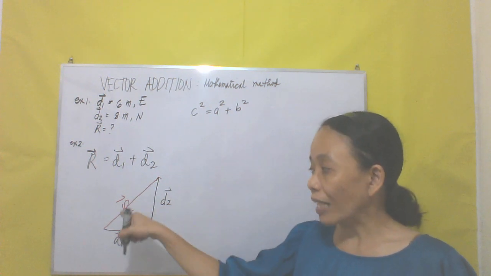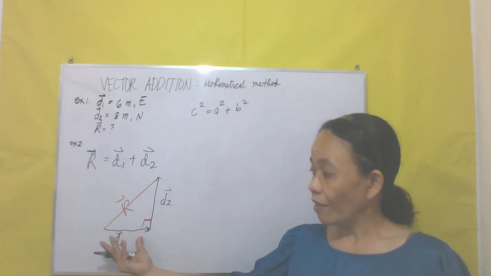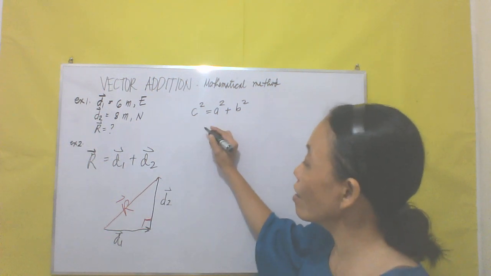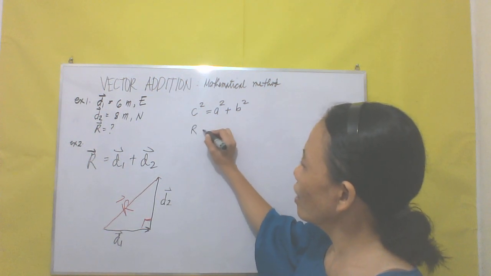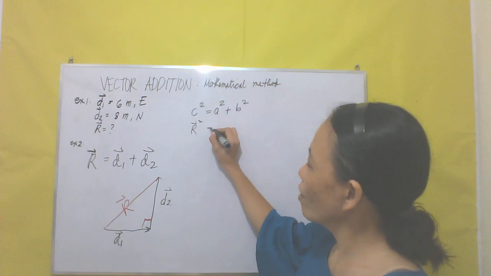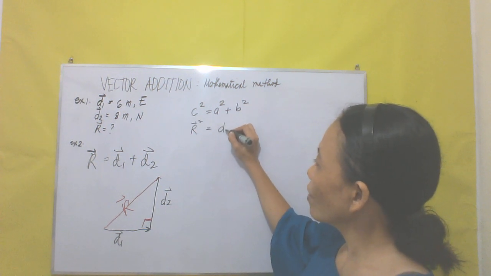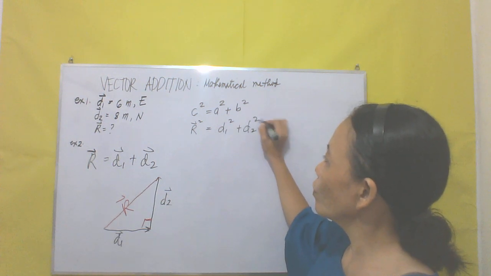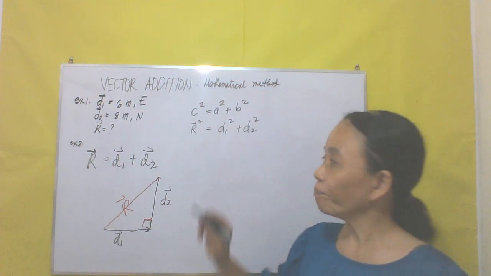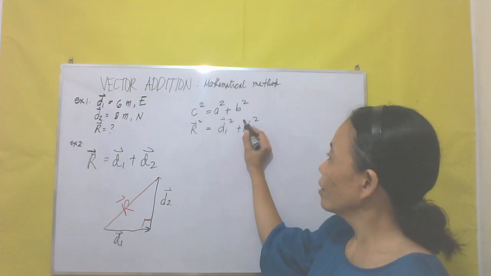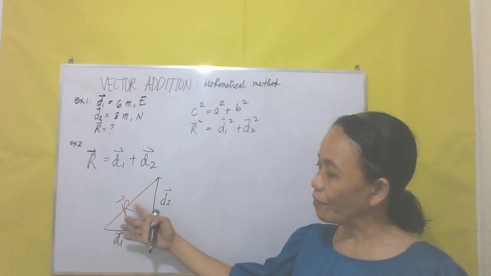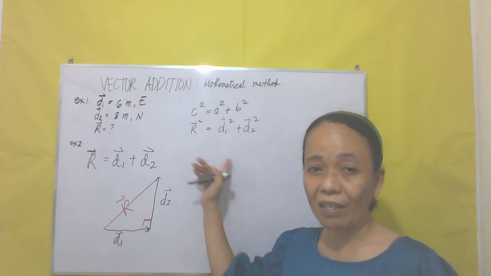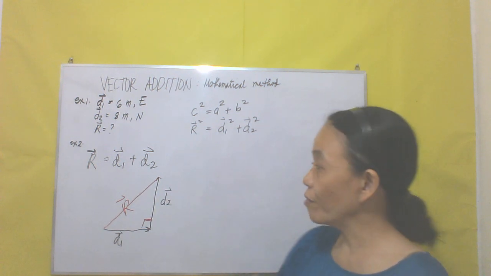Since this is a right triangle, we can express this as the longest side r squared is equal to d1 squared plus d2 squared. Next, we can find the magnitude of r using the Pythagorean theorem.